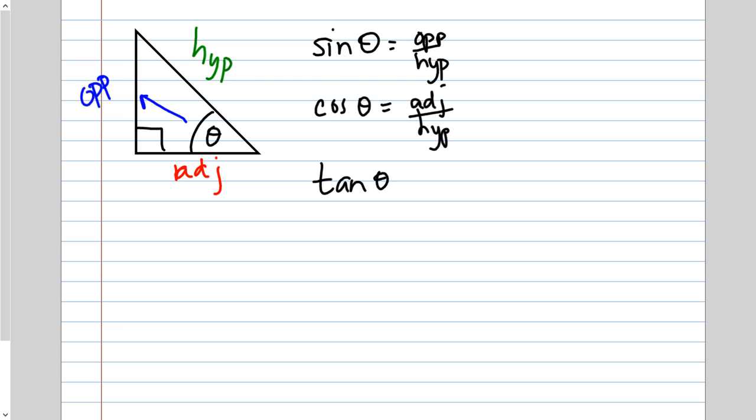Tangent of the angle is the opposite over the adjacent, which is just sine over cosine. Okay, so this is the basics: sine, cosine, tangent. And so we're going to do related rates with this form of trigonometry. It's not just the Pythagorean theorem.